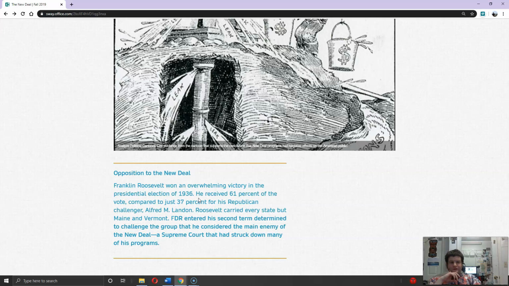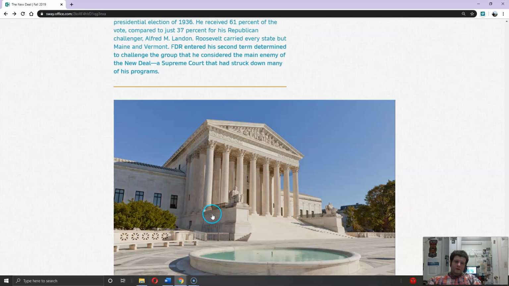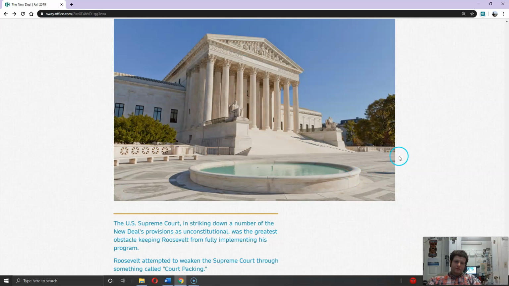FDR holds the election, as I told you before, 61 to 37. Takes every state except for Maine and Vermont. However, a new opponent emerges against the New Deal, and that's the Supreme Court. What happens is the Supreme Court was mainly built up in previous administrations, mostly by Republican candidates.